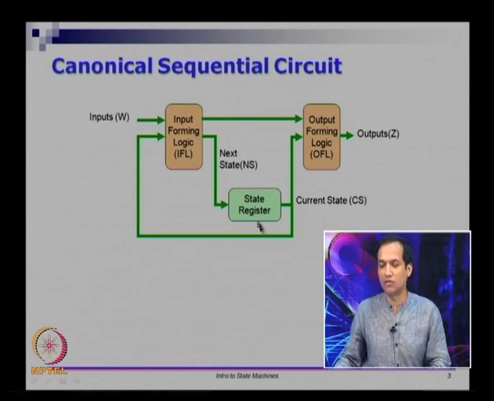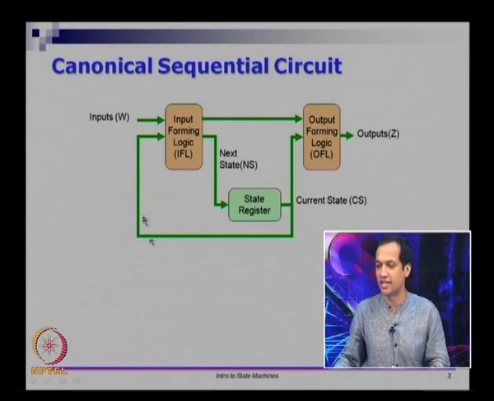So, you have a bunch of flip flops together, and we have two forms of combinational circuits. One circuit called the input forming logic, which is shown here, and one circuit called the output forming logic, which is shown here. What the input forming logic does is, it takes the primary inputs and it takes the values from the state register.